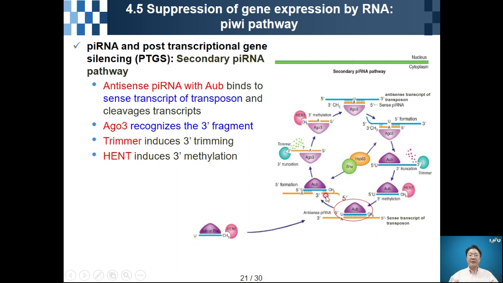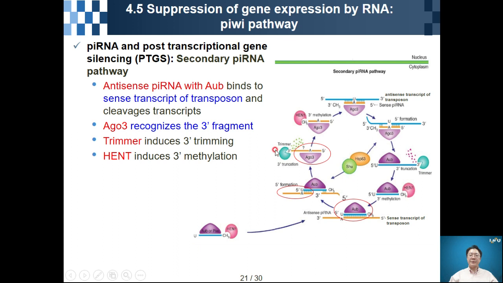After that, this part will be the 5' fragment, and this part will be the 3' fragment. Then AGO3 binds to the 3' fragment.